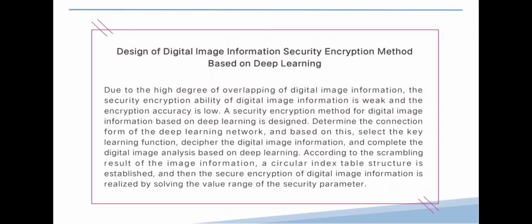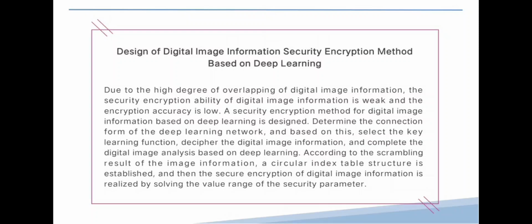Determine the connection form of the deep learning network, and based on this, select the key learning function, decipher the digital image information, and complete the digital image analysis based on deep learning.